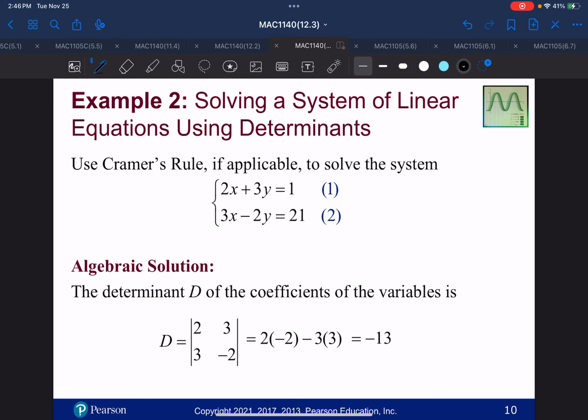Okay, so first, the d, again, comes from the coefficients of the variable terms. So the d matrix would be 2, 3, 3, negative 2. And so to find the determinant of that, that will give us d.